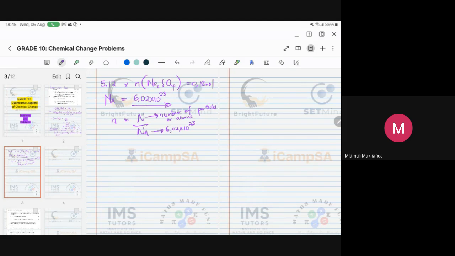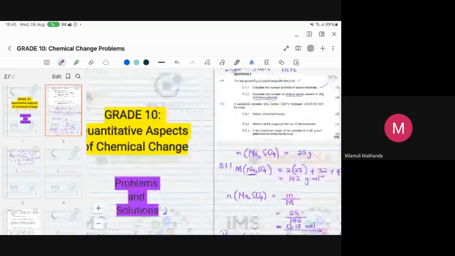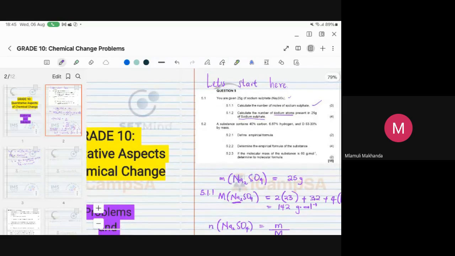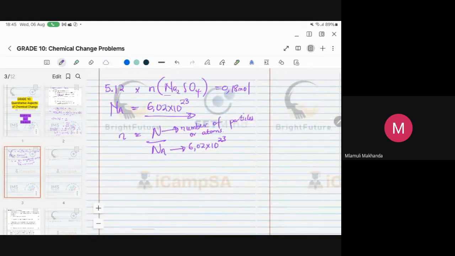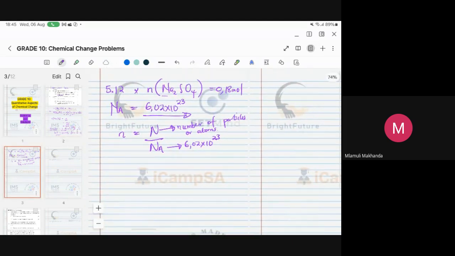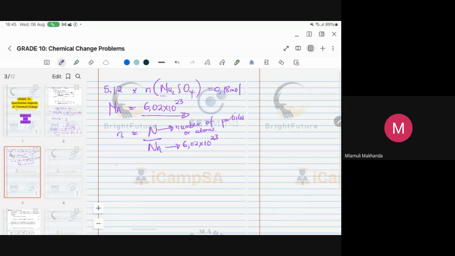So now, let us find how many particles of the whole compound are there before we can find how many of those particles belong to sodium, because for now we want sodium. But before we can find the number of sodium atoms, we need to understand how many sodium sulfate particles are there in total. All right, so we can make N the subject.